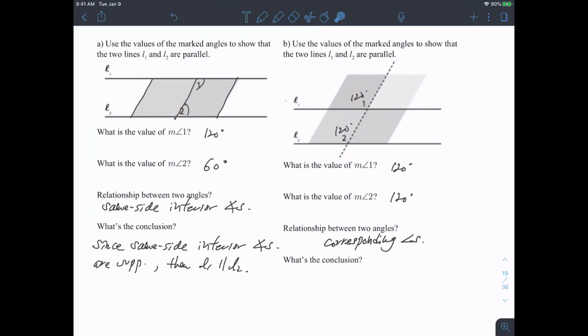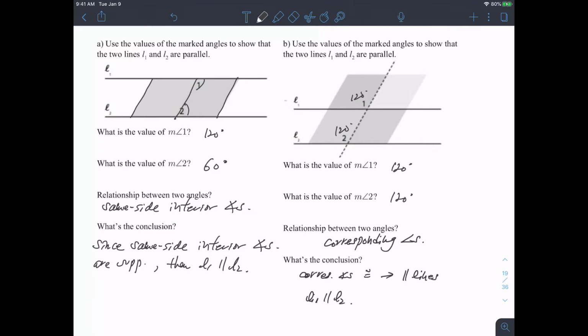If they're in the same relative position, it's called corresponding angles, right? Because they're congruent, so what's my conclusion? Well, if the corresponding angles are congruent, then we know that we have parallel lines. Therefore, line 1 is parallel to line 2. That is my conclusion, guys.